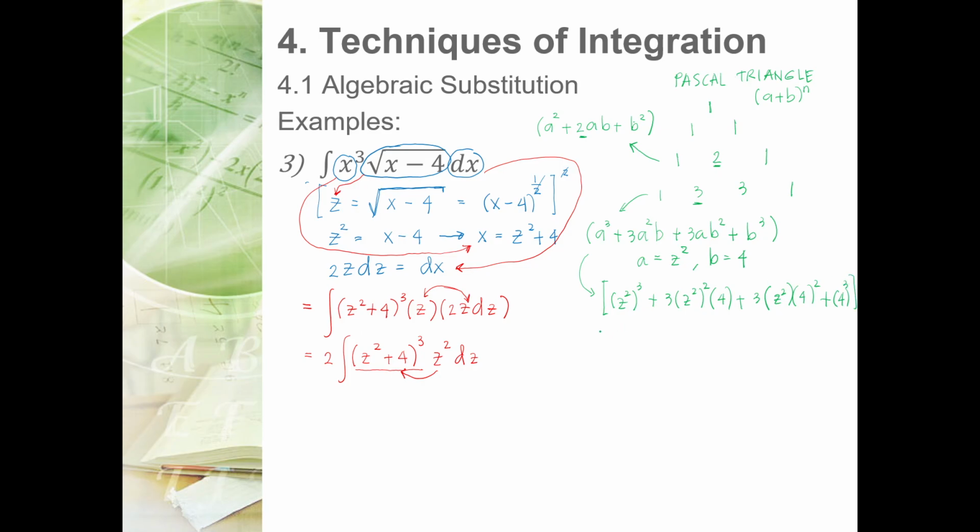So the equation would give us z to the power of 6 plus 3 times 4, that would be 12, z to the power of 4 plus 16 times 3, that would be 48, z squared. And lastly, 4 cubed is 64.